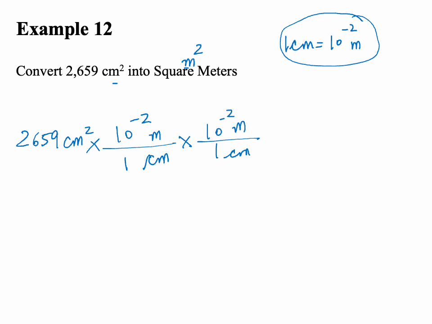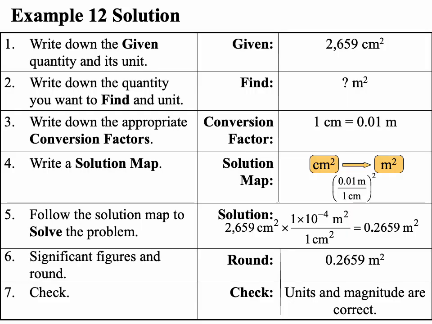If I cancel this out, 1 centimeter will cancel one of these, 2 centimeter will cancel the whole thing. So now your final unit that's left is meter times meter, which is meter square. So 2659 times this, plug it into your calculator, and that would give you your answer. This is 4 sig figs, so your final answer should also have 4 sig figs, which would be 0.2659 for significant figures. And you're done.